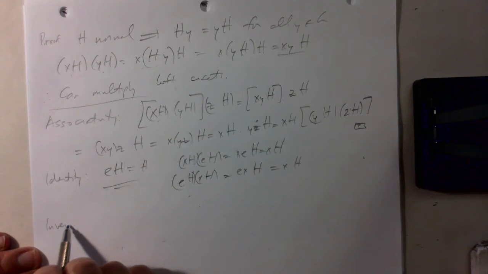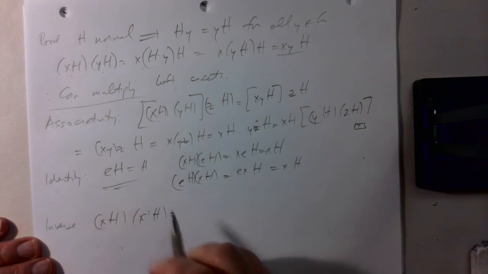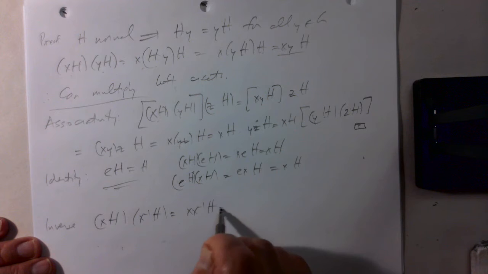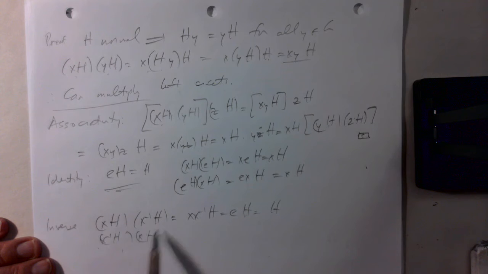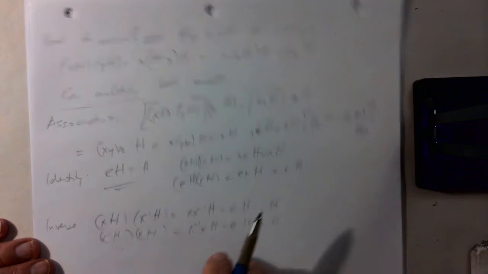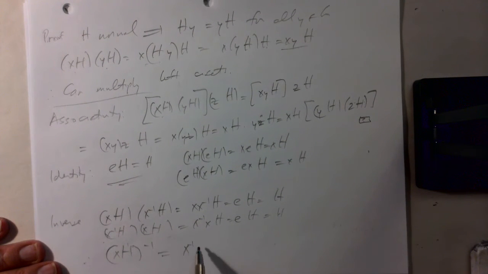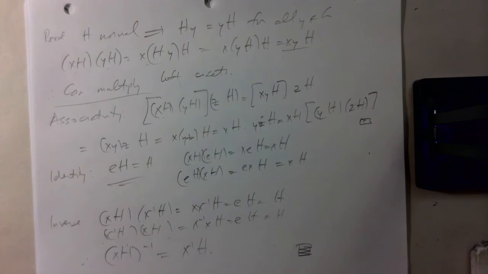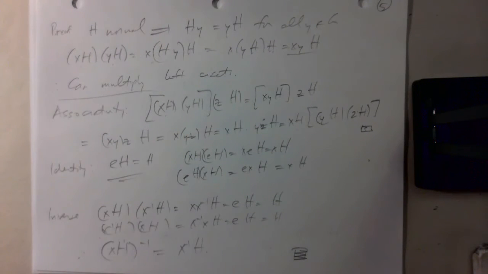And for an inverse, if you take the coset XH times the coset X inverse H, you get the coset XX inverse H, which is EH or H. And if you multiply in the opposite order, you get X inverse XH, which is EH, which is H. So the inverse of the coset XH is the coset of X inverse H. So we have just proved that if you have a normal subgroup, there's a natural multiplication on the left cosets.